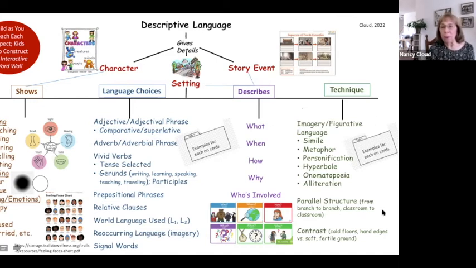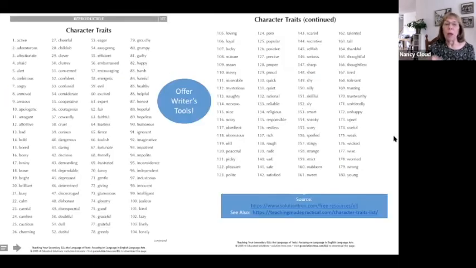And we would be building it as we teach each aspect of descriptive writing, and only including the things that we intend to show kids about descriptive writing, with their examples getting added to the interactive word wall. If I'm teaching adjectives, I can give them tools like lists of adjectives.